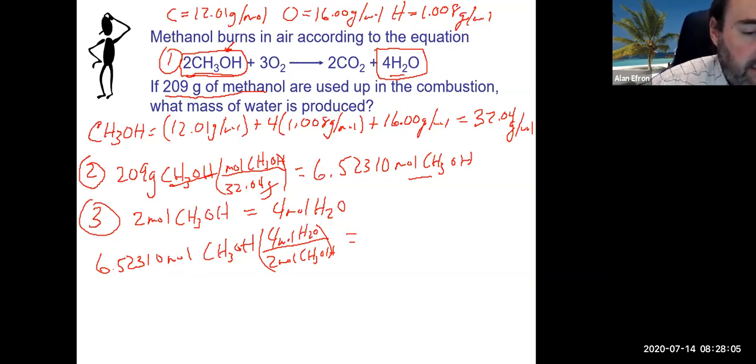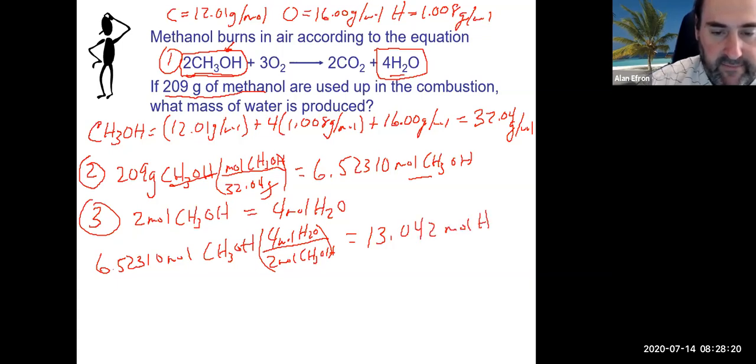That is the stoichiometry part. That is the part that's going to convert us from what we're not looking for to what we are interested in. And it looks like you end up with something like 13.042 moles of water. And again, that is the stoichiometry part that allows us to convert.